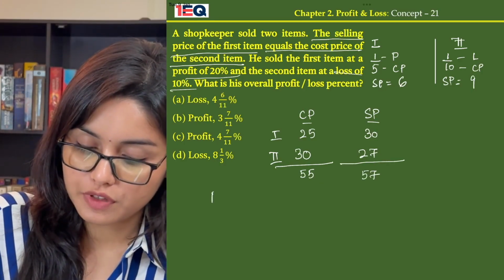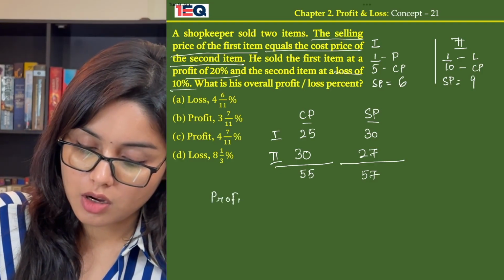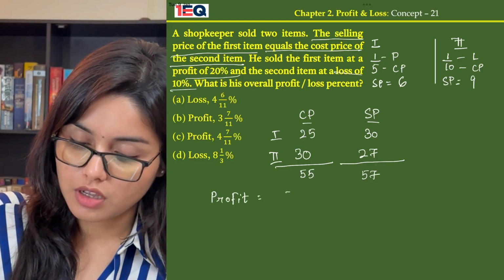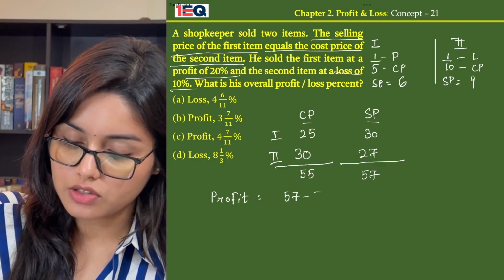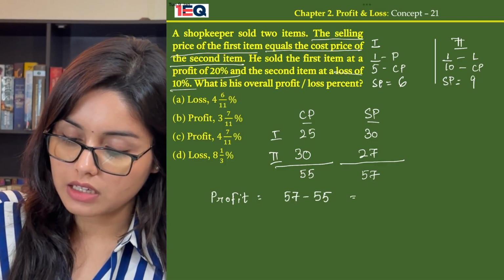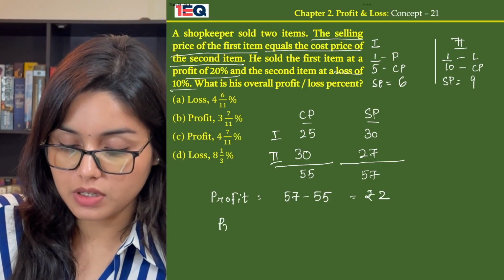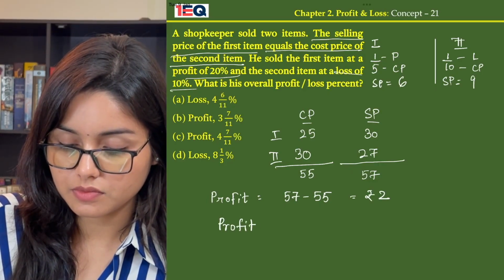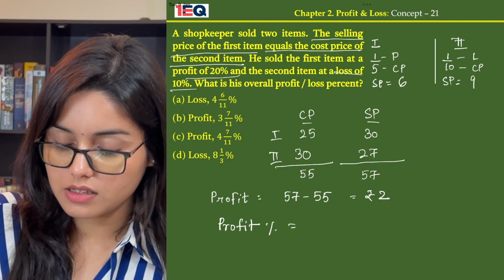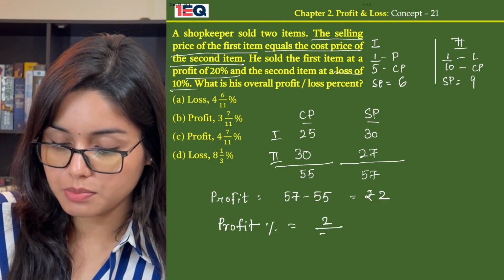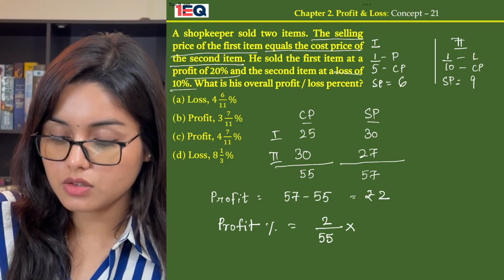So what is my profit amount? Profit equals 57 minus 55, that is rupees 2, and profit percentage is 2 by my cost price into 100.